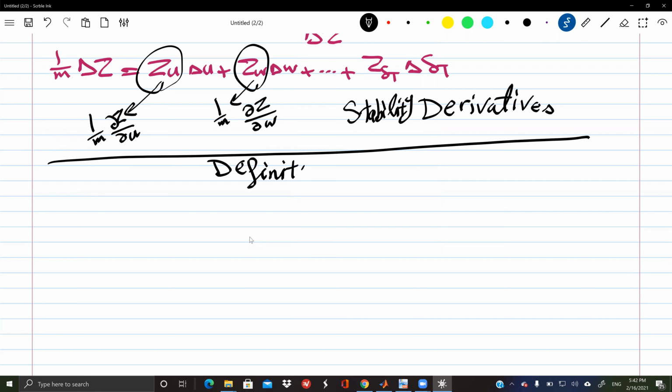So let's see. First of all, unfortunately, we'll spend like 5 minutes giving the definitions of these things. Then we will see the meat, which is how to derive them. What do I mean by the definitions? Definition like exactly this one, like ZU is 1 over mass partial Z partial U. But we will give it for everything. If I have any force underscore any variable, and you know by a force I mean X, Y, or Z, of course. By a variable I mean UVW, PQR, right?